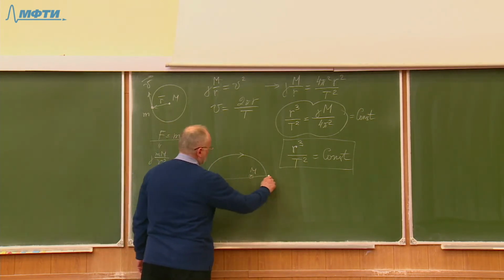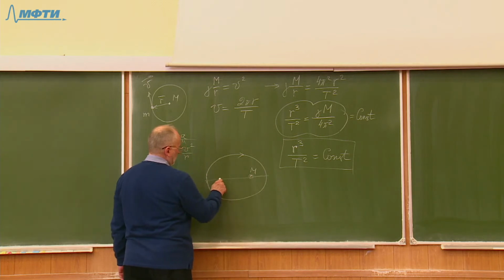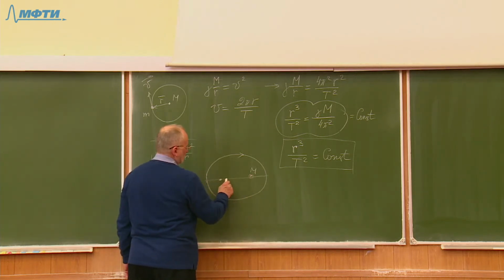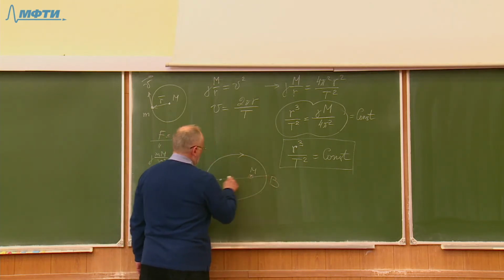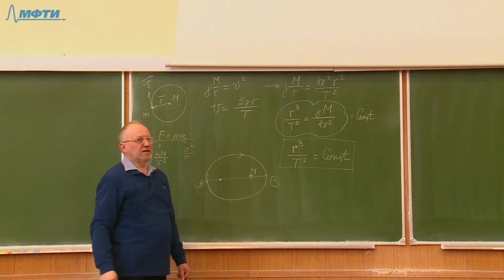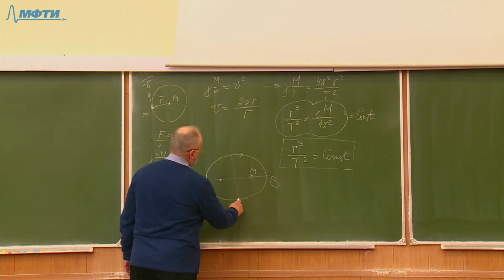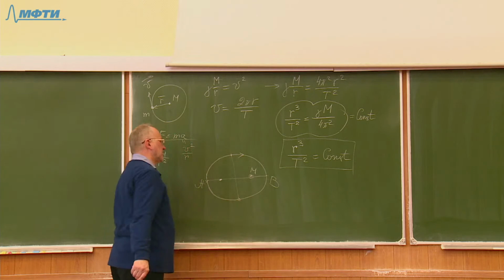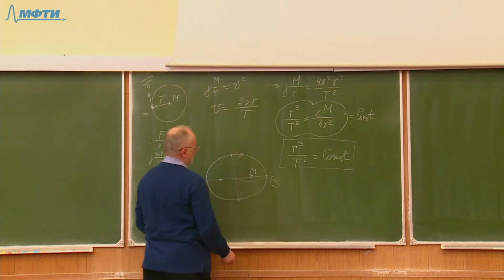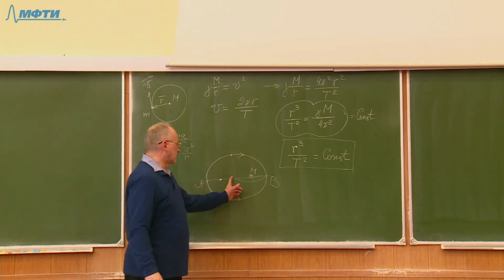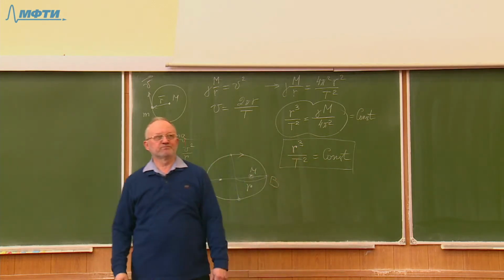If we draw a straight line section which goes through both focal points of the elliptical orbit, then the length of this section AB will be called the major axis of the ellipse. There is another axis, a minor axis, but we don't need it now. We need half of the major axis, which is called the semi-major axis. The semi-major axis will be the quantity r, which enters into this formula.